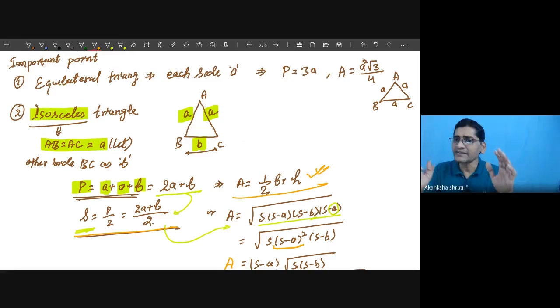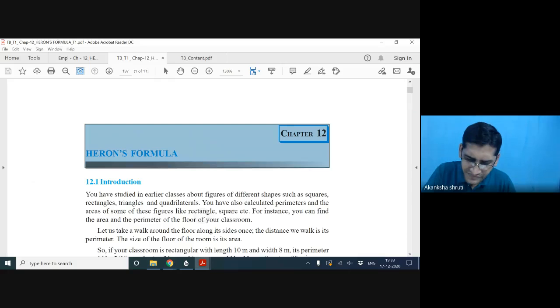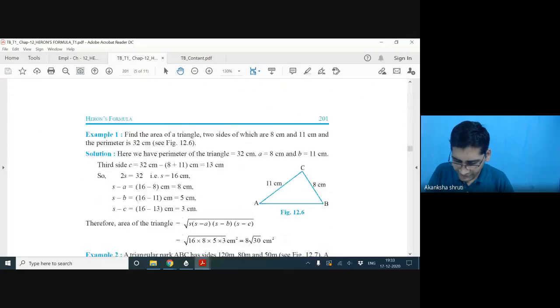Yes, sir. Students, sometimes the relation between perimeter and height is given, so we may have to use that in our question. Let us go to our exercise question. There we can understand how the questions are framed. This is our textbook.